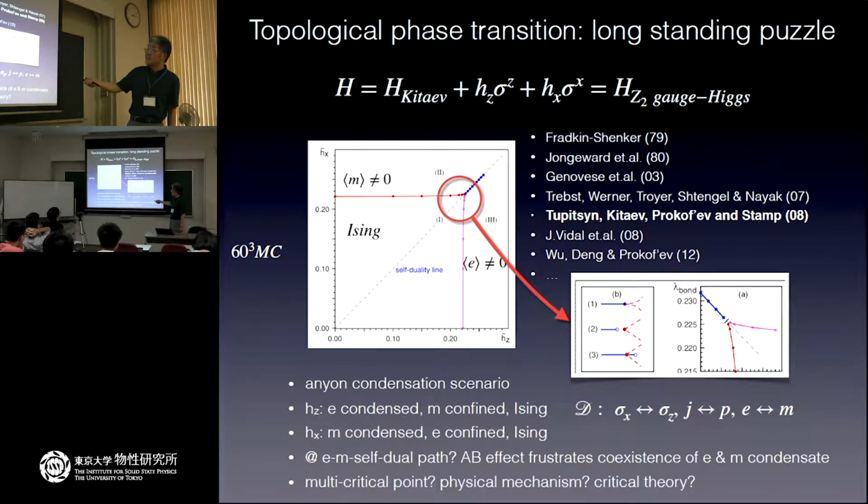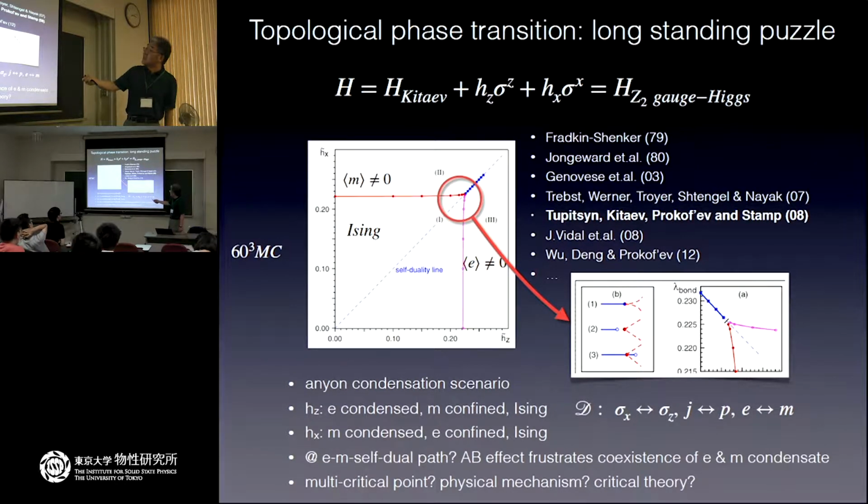This phase transition can be regarded as an e-anion condensed phase transition, and similarly, when you introduce an HX field and increase it, you can also have a quantum phase transition.